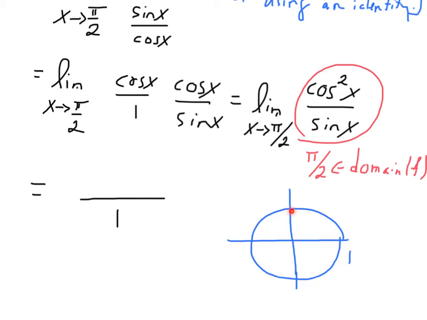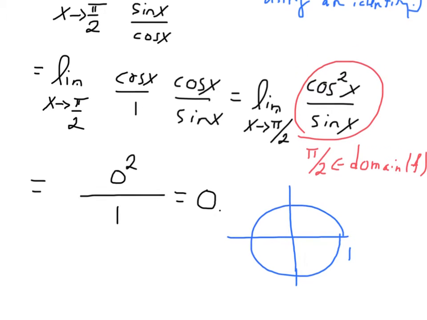Cosine of pi by 2 is just the x-coordinate of that point on the unit circle at angle pi by 2, and the x-coordinate here is just 0. So we have 0 squared, and that is just equal to 0. Okay, so that completes that problem. Okay, let's try another one.